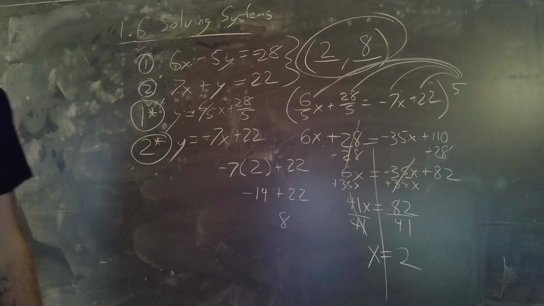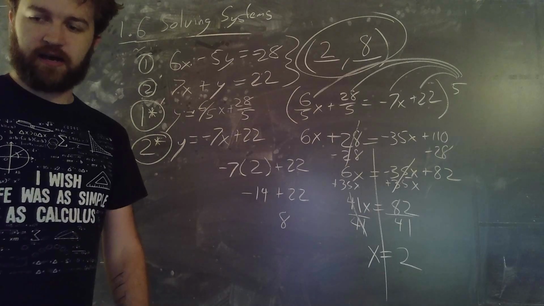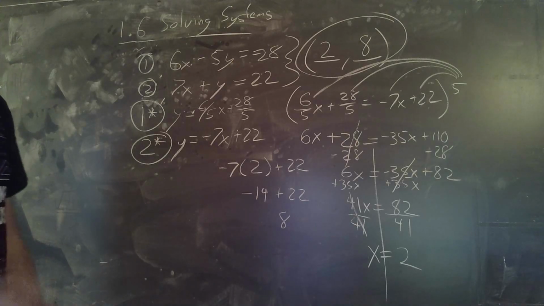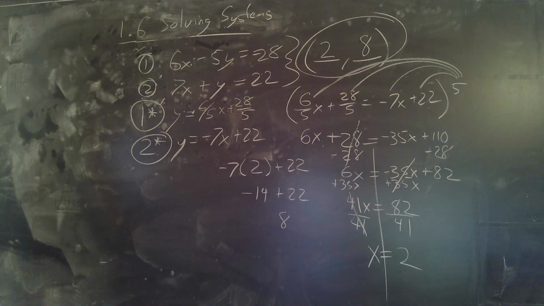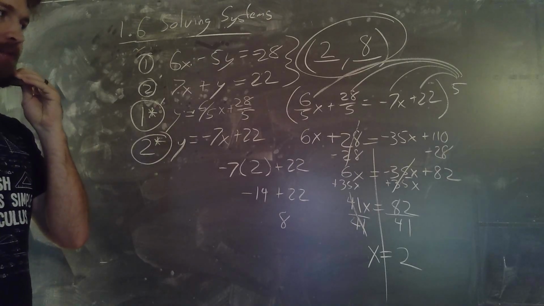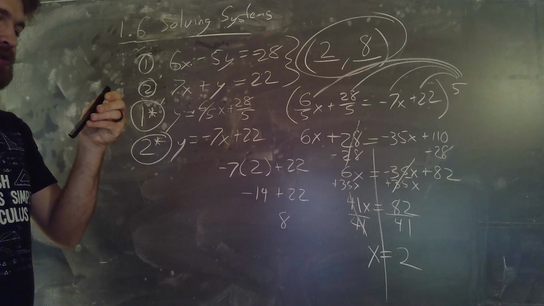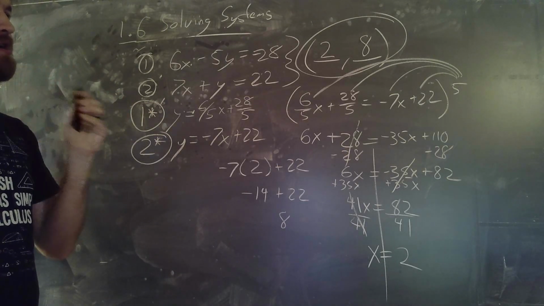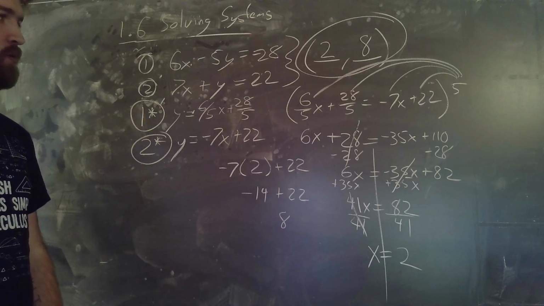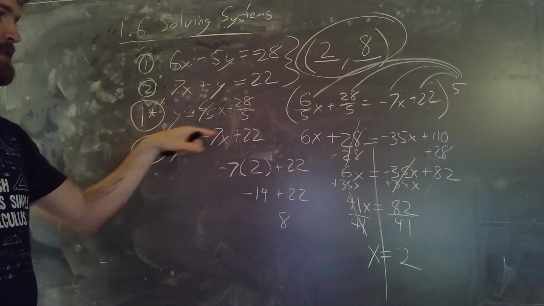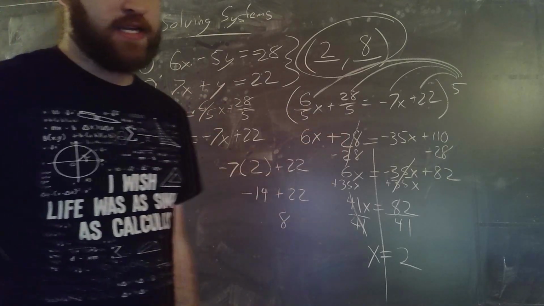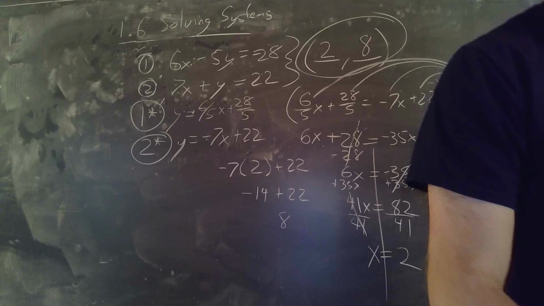And that is just about as hard as this gets. I know that there's a lot of writing. That's the challenge here, is that it's not that these are actually difficult operations. You notice we are just doing the things that we did in section 1.2, but we had to utilize something that we learned in section 1.4 in order to put it into a format that enables us to do section 1.2 related tasks.